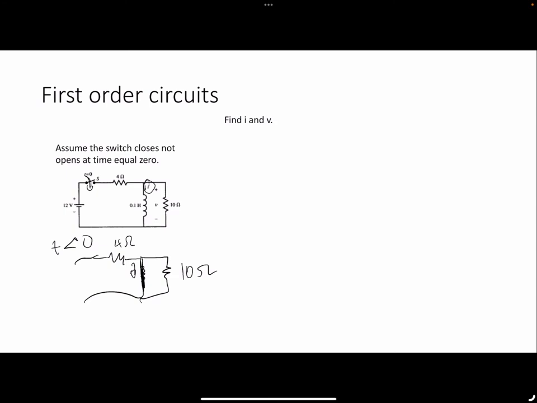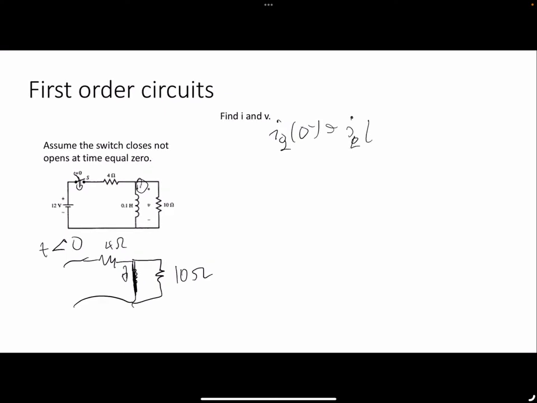How much current flows through an open circuit? Yeah, so this is an open circuit, so I_L of 0 minus equals I_L of 0 plus, which equals 0. Okay, so now we have our initial condition.